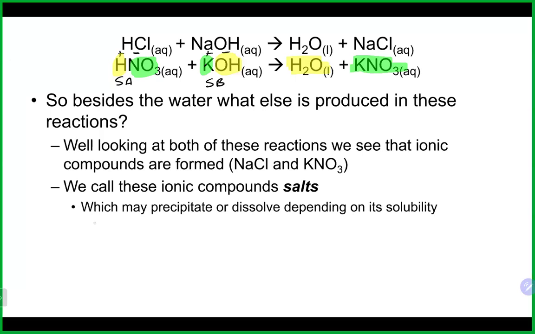So why don't you try one? What is the end result here if we take HBr and react it with potassium hydroxide? What will we get? What's the salt and other product produced there?